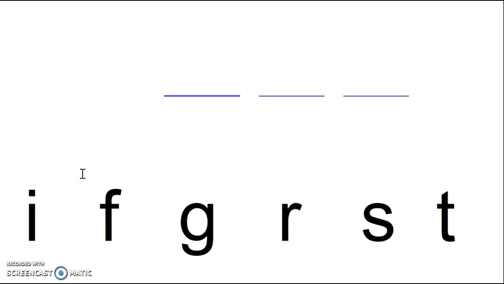Our next word has 3 letters in it. This word is sit. S-I-T. Sit. The first sound I hear in the word sit is the S sound. What letter makes the S sound? Correct. Letter S makes the S sound. Our second letter makes the I sound. What letter makes the I sound?